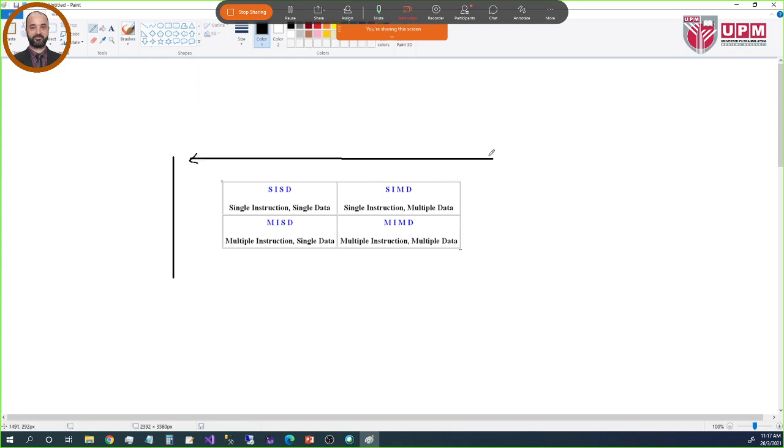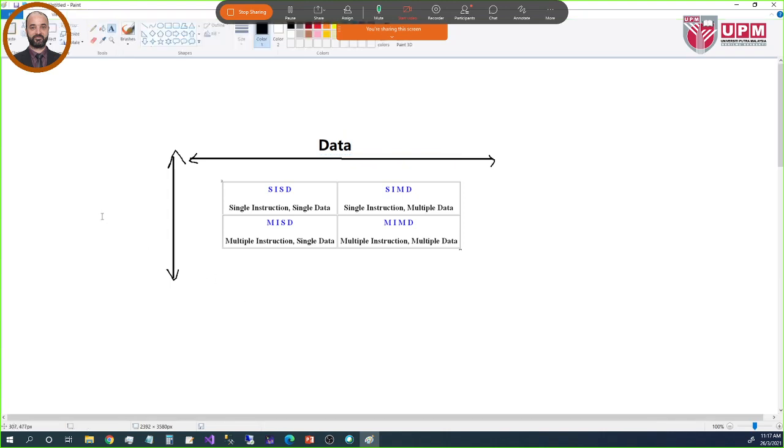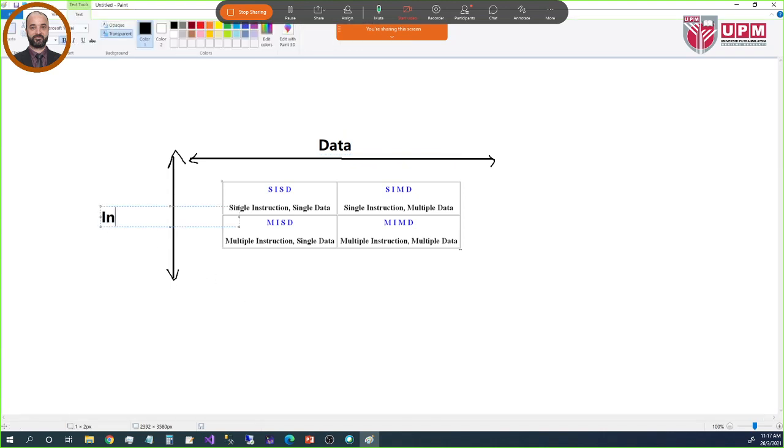Let me draw arrows like that. The first dimension is all about data. The second one is all about instructions.